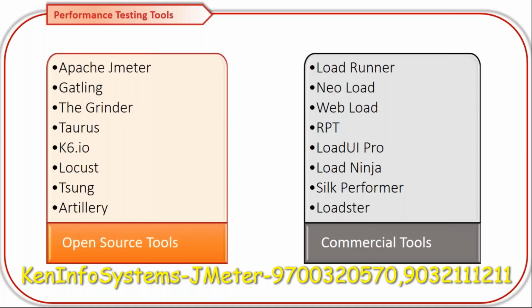Nowadays, a lot of MNCs are migrating from commercial tools to open source tools, because I think most of you are aware, as part of cost reductions they can't bear the licensing cost, and at the same time the open source tools are also getting a lot of features. That's the main reason.